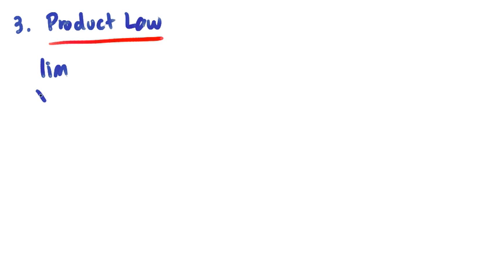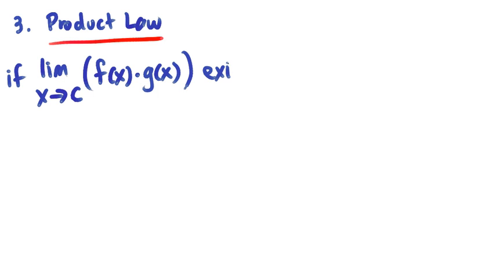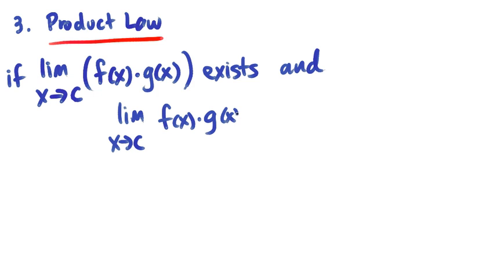Law 3 is known as the product law. And the product law states that if the limit as x approaches c of f of x times g of x exists, then the limit as x approaches c of f of x times g of x is equal to the multiplication of the limits.